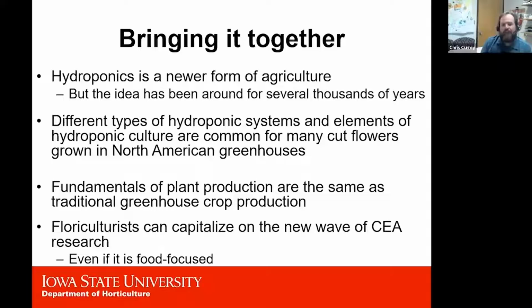And floriculturists can capitalize on the new wave of controlled environment and hydroponic research, even though much of it is focused on edible food crops and not ornamental flower crops. Fundamental plant physiology doesn't change. And so we can look to some of the new advances that are occurring in the food crop sector, and we can look for new ideas of how we can better improve our hydroponic and controlled environment cut flower crop production.